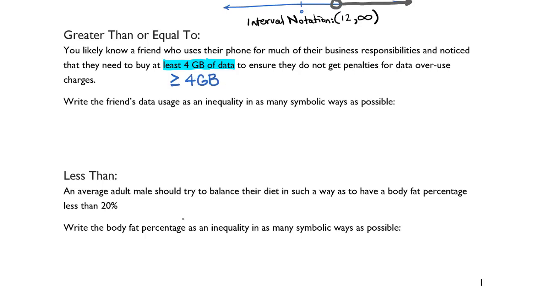Now we need to write the friend's data usage as an inequality in as many other symbolic ways as possible. So I'm just going to write data plan greater than or equal to 4 gigabytes.